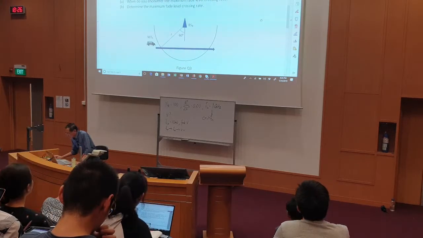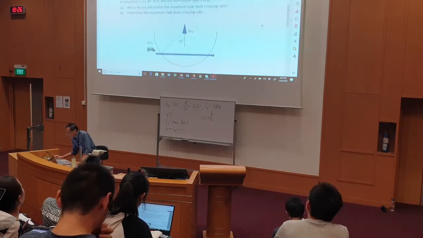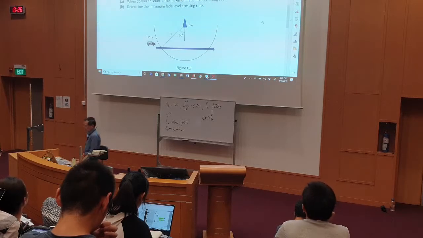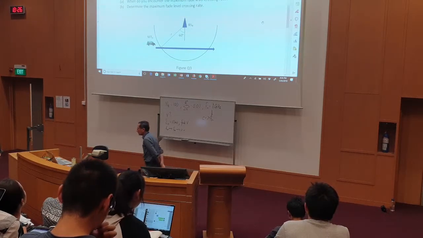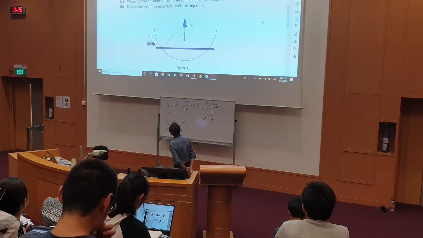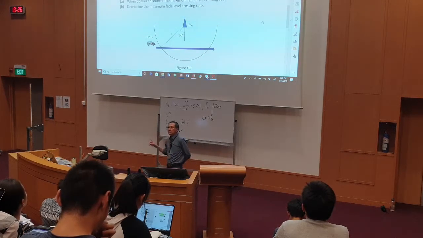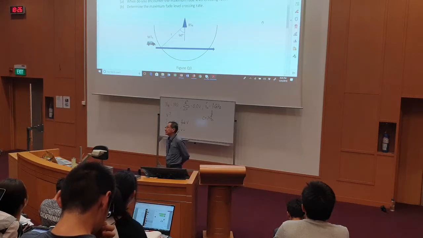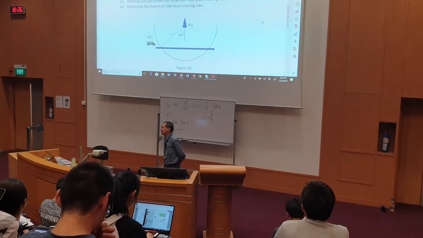Okay, the next one is a little bit more interesting. Okay, we have a mobile. Most of this came from past year questions, by the way, so you know what's the standard now.